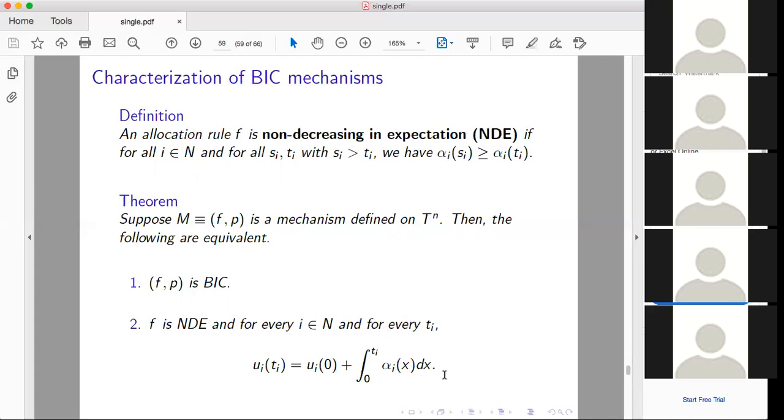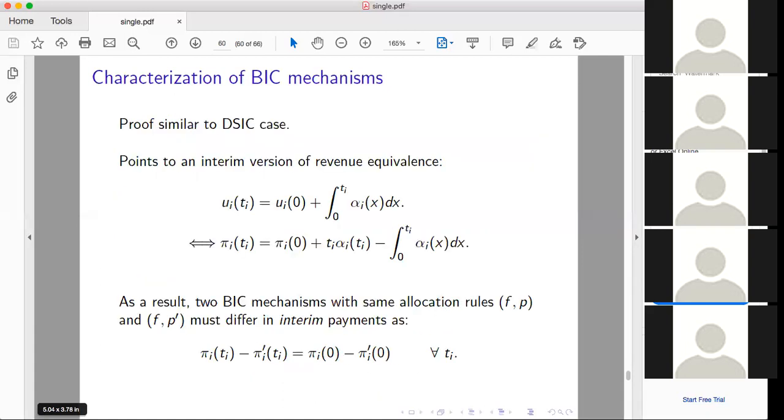The subtle change here is that there is no t_{-i} quantifier; that has been integrated out. So you have BIC equivalent to non-decreasing in expectation and this payoff equivalence formula. Okay, so that's the characterization, and the proof is almost identical to the DSIC case.